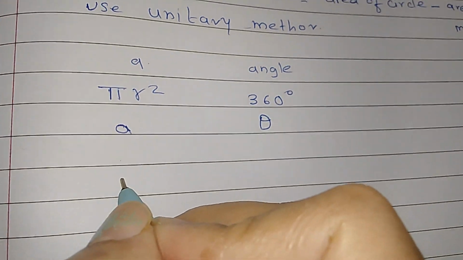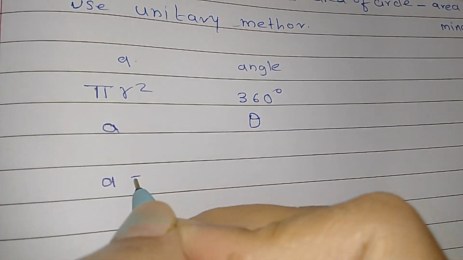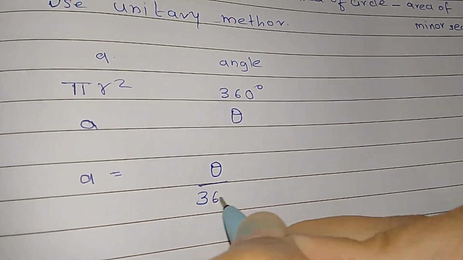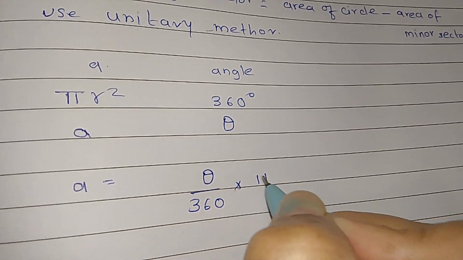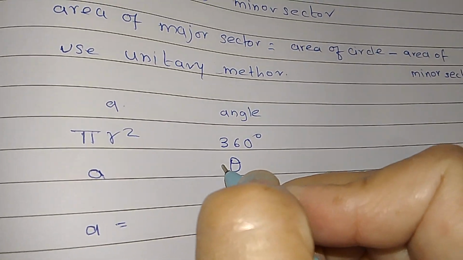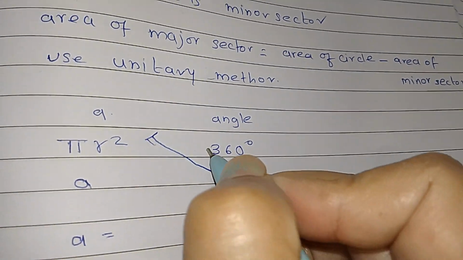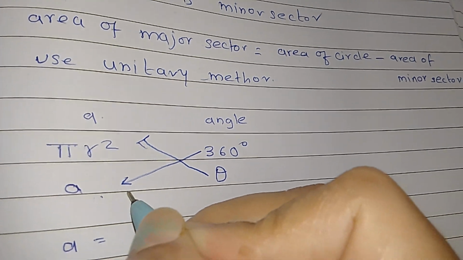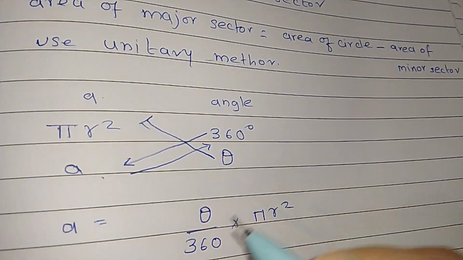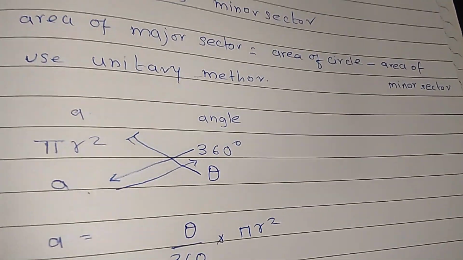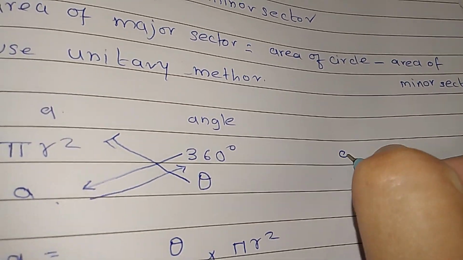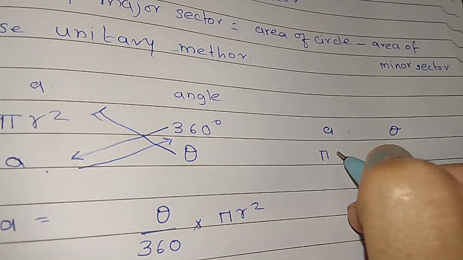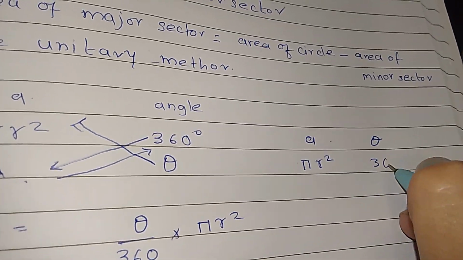So area is equal to theta upon 360 into pi r square. This goes here, this comes down and A goes up. More easily, we can just flip it: A is equal to theta and pi r square is equal to 360.